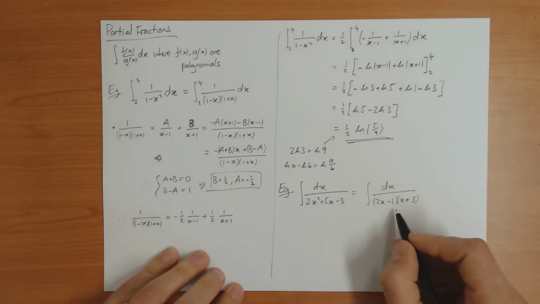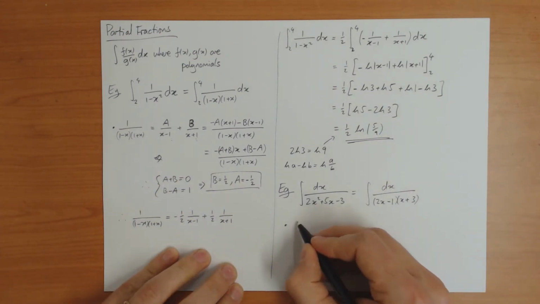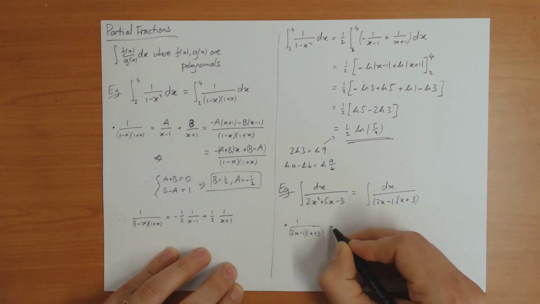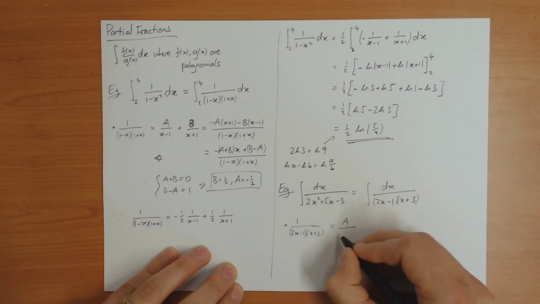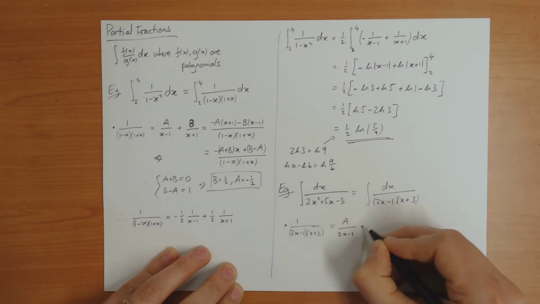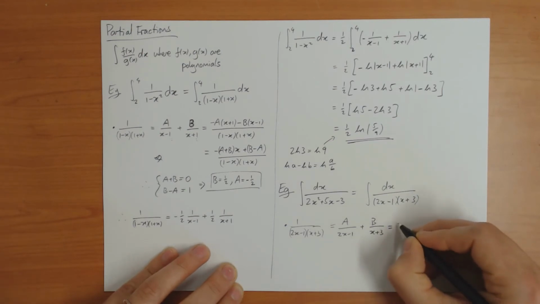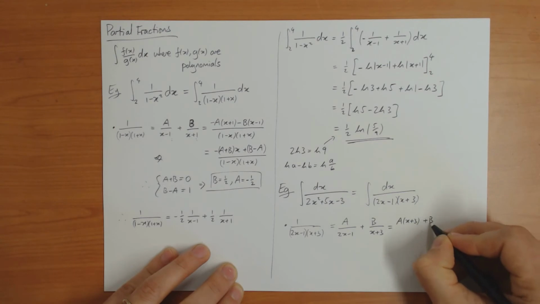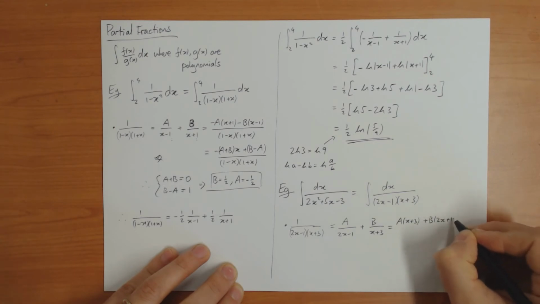Again, we want to be able to write 1 over 2x minus 1 times x plus 3 as something over 2x minus 1 plus something over x plus 3, which we can write as this.